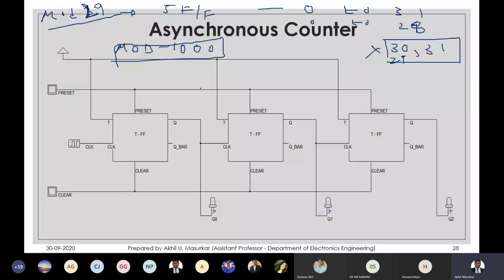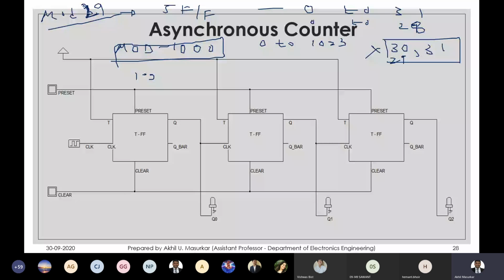Right. Because mod 1000 will count from 0 to 1023. So how many flip-flops will be there in this? 10. Why? Because 1024 is 2 raised to 10.